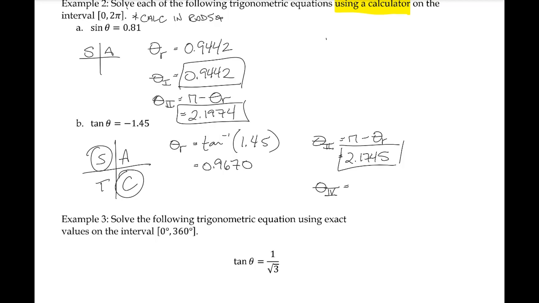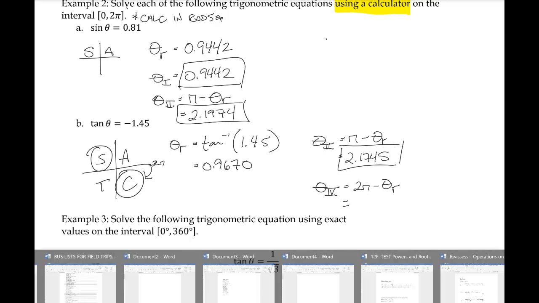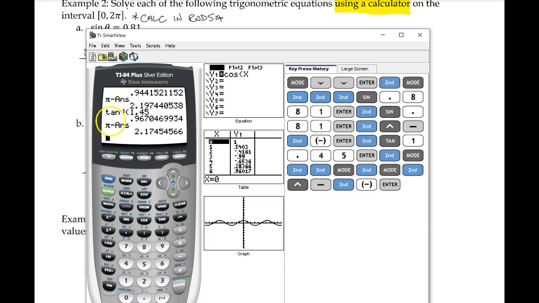For quadrant 4, I would go 2 pi minus my reference angle because I'm measuring from here, which is 2 pi, measuring backwards, counterclockwise, in which case I would get 2 pi.